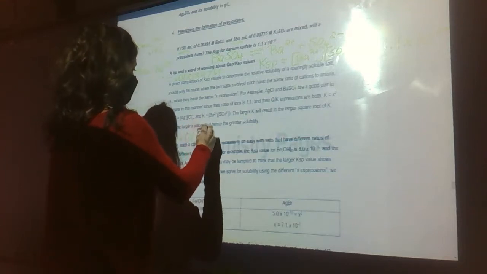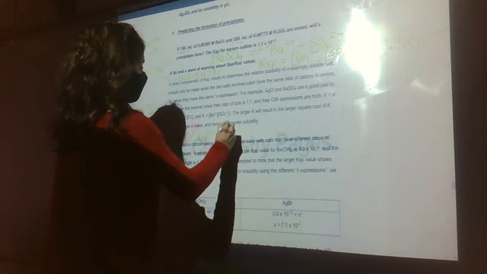Same thing here, divide by 0.7 liters. I get 0.00609 molar sulfate ions.